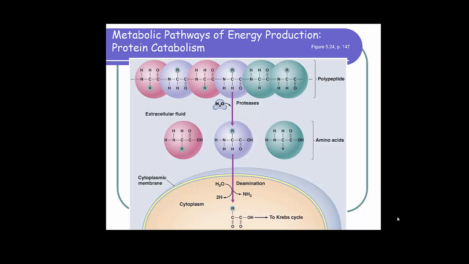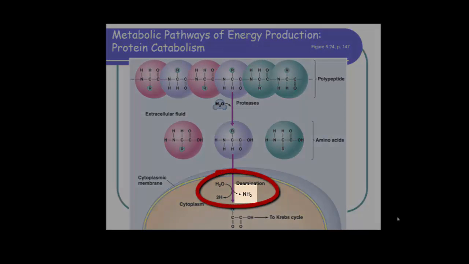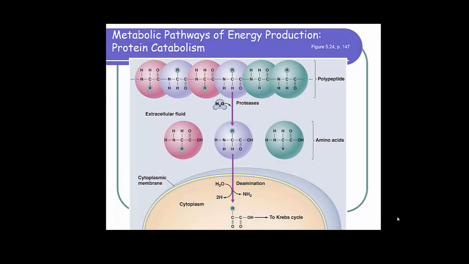One of the things that does have to occur, however, for us to use a protein or an amino acid as an energy source is deamination. We have to take off that NH2 group, the amino group. This then can convert the rest of the product left to acetyl-CoA.